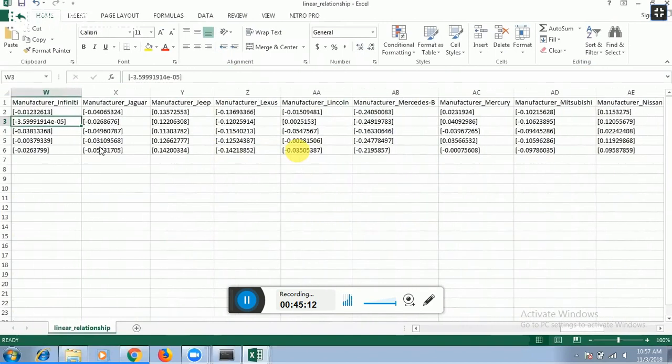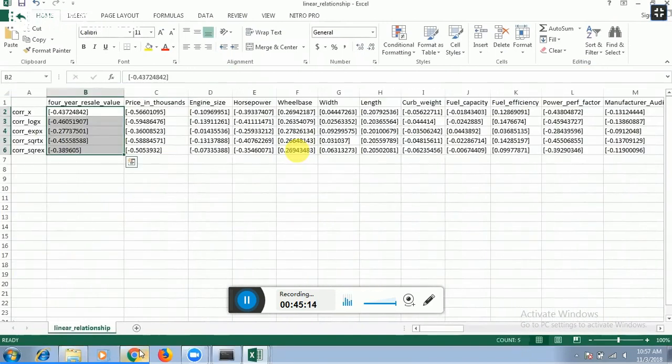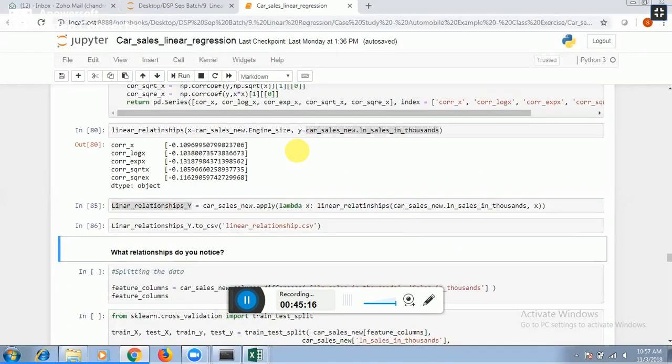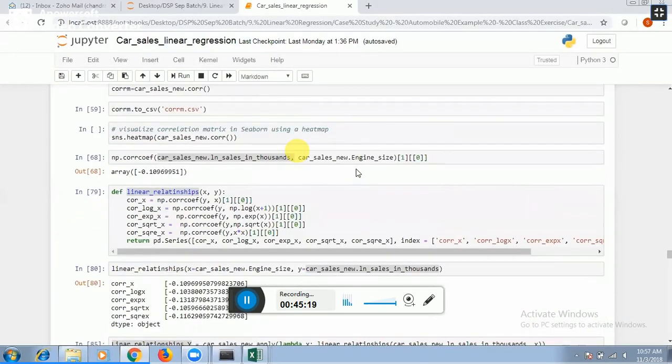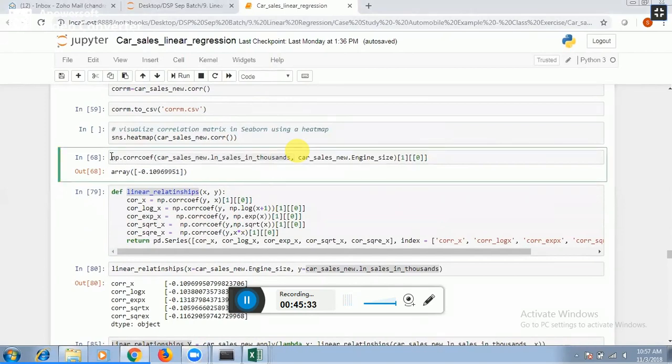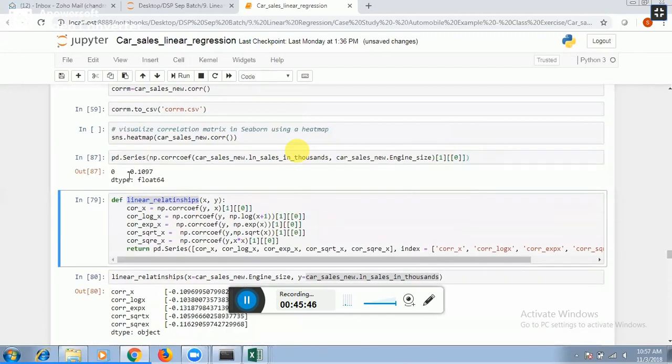Probably you can convert this array into a single value. How will you do that? You got the array, right, an array of this value. How can we convert this value into a normal value? So probably what you can do is, okay, what is that series? The series is basically pd dot Series. So this is what you got.